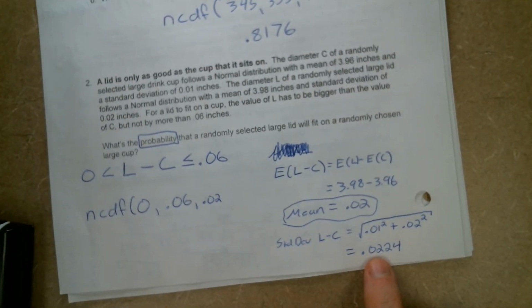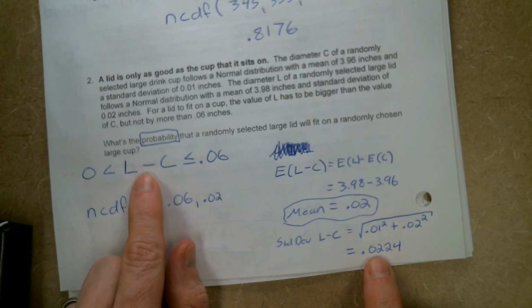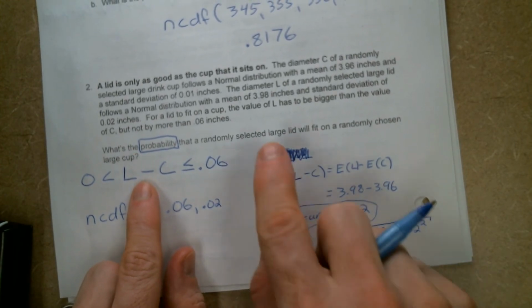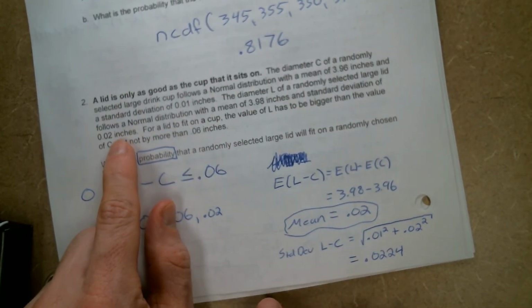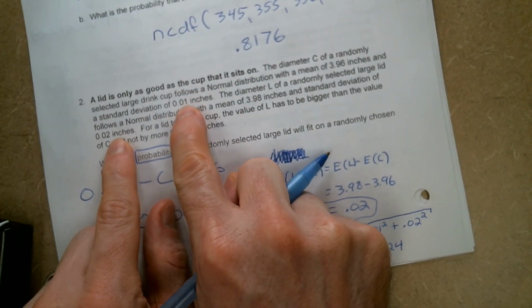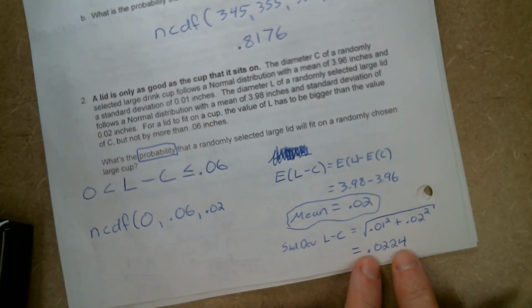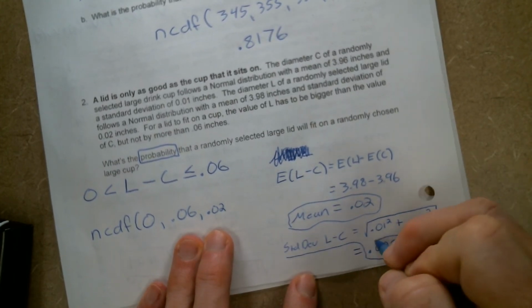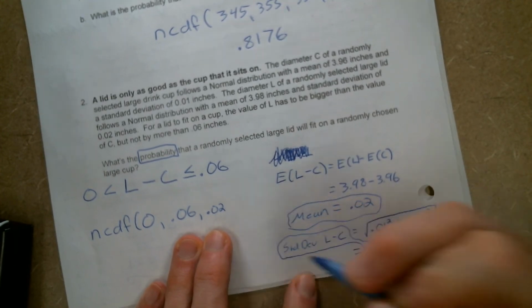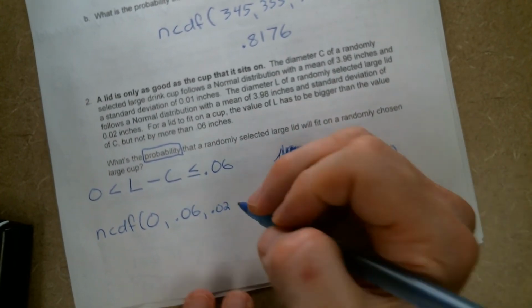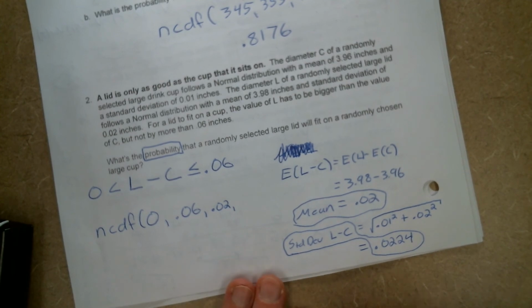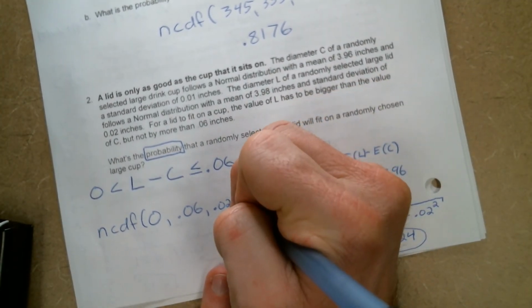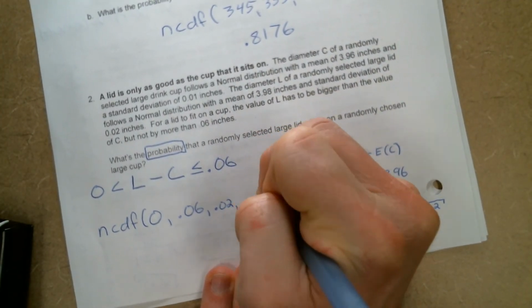That's the standard deviation for L minus C, right? Again, there was the standard deviation for L, there was the standard deviation for C, there's the standard deviation of L minus C. All right, so right there is the standard deviation of L minus C. So that's what's going to go up here in the final part of our NCDF, 0.0224.